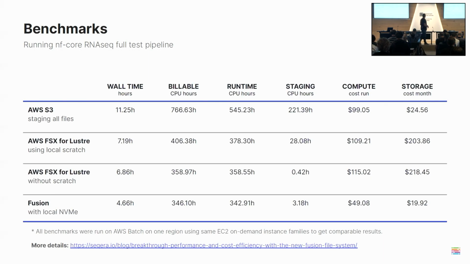The second option is using FSx for Lustre, but with a local scratch. That means we are still mounting the EBS disk as a local, auto-scale EBS disk. We are creating an ephemeral Lustre file system, with the problem that you have to decide the size in advance.